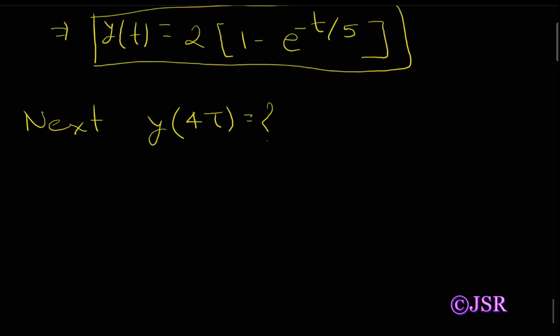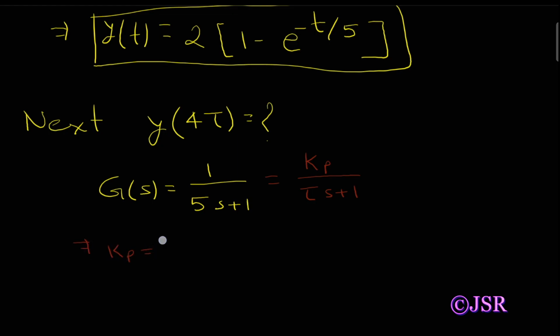Since the transfer function for first order system is given by 1 upon 5 s plus 1, and if we compare this transfer function with the standard transfer function for first order system, we will get kp equal to 1 and tau equal to 5.